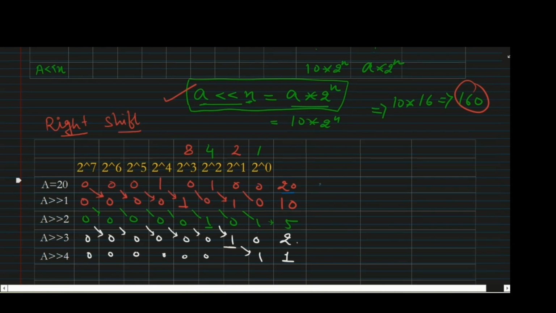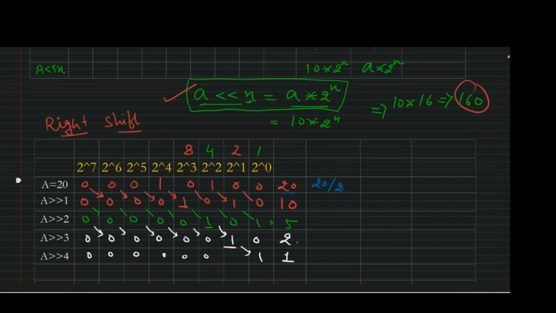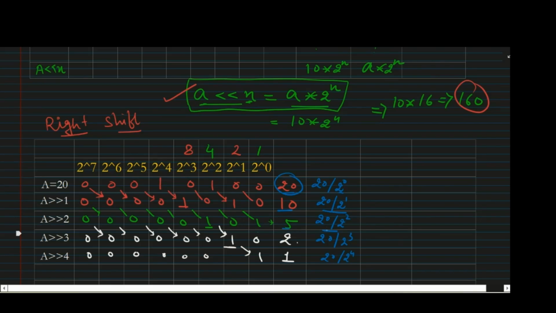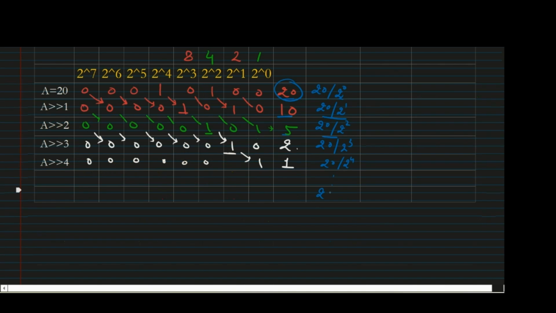20 means, can I say this is 20 divided by 2 raised to the power 0? 20 divided by 2 raised to the power 1? 20 divided by 2 raised to the power 2? 20 divided by 2 raised to the power 3? 20 divided by 2 raised to the power 4. So 20 divided by 2 raised to the power 0, which means 20 divided by 1, will give us 20. 20 divided by 2 will give us 10. 20 divided by 4 will give us 5, and so on up to 20 divided by 2 raised to the power n.